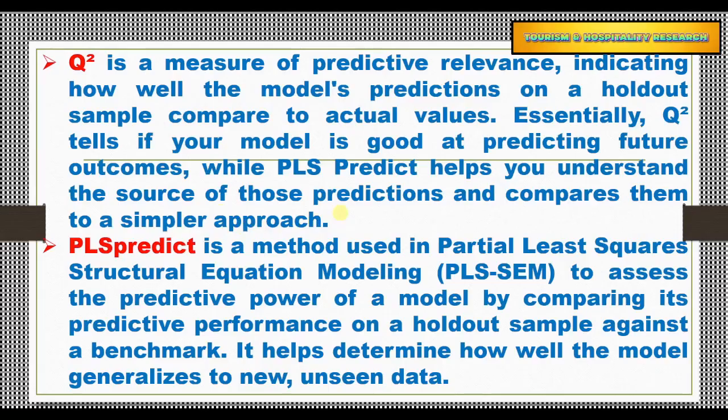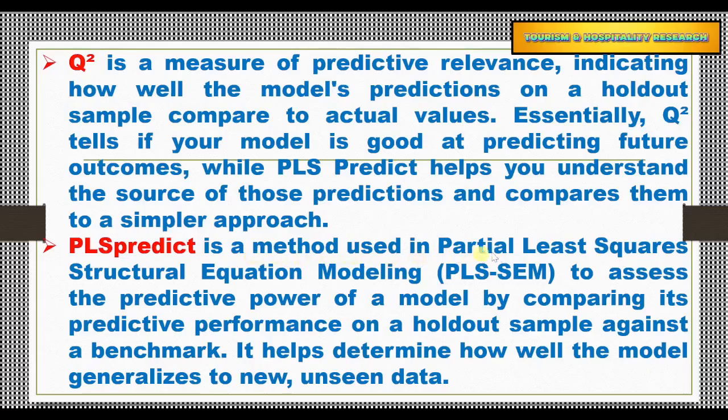So I'm going to tell you how PLSpredict compares the Smart PLS model, the variance based model, with the linear model, the simple model, and it helps you to assess whether you can comfortably go ahead with PLS software for the analysis, or you should turn over to the linear modeling.